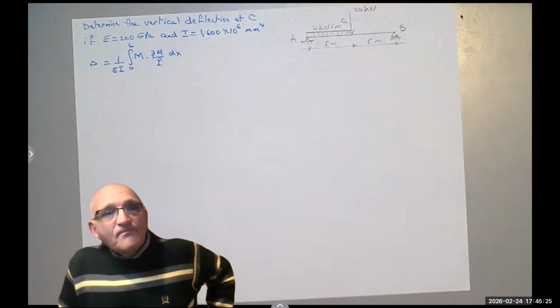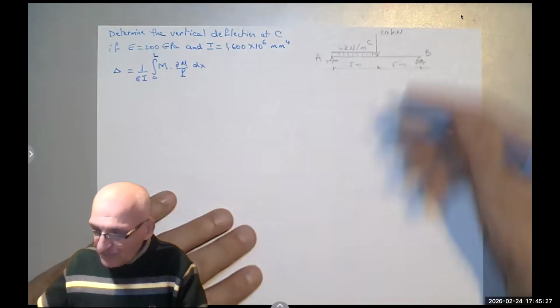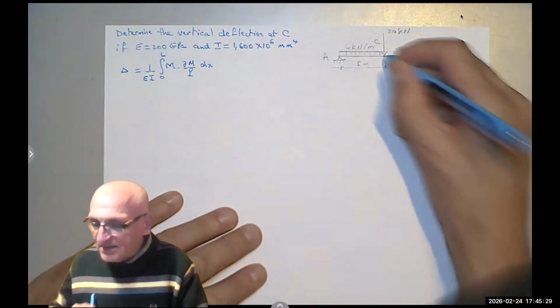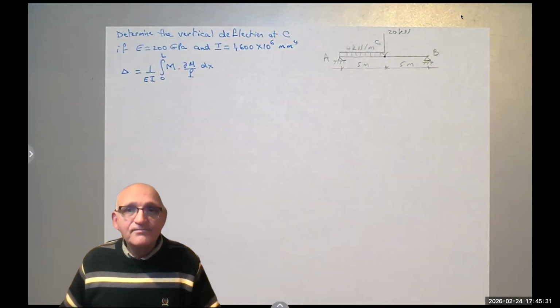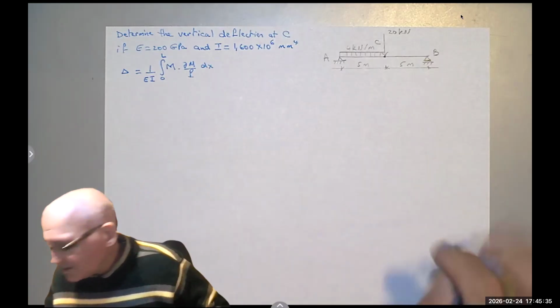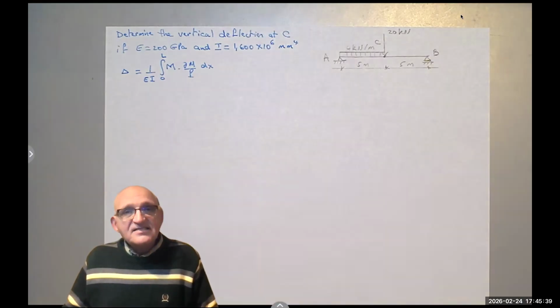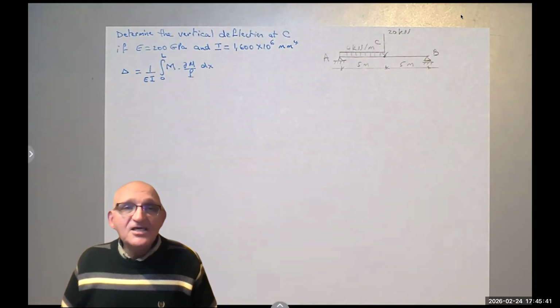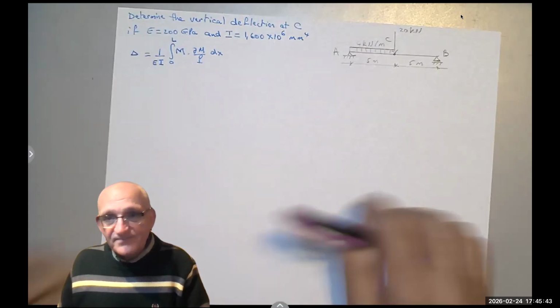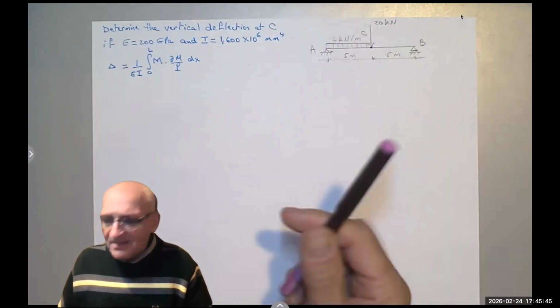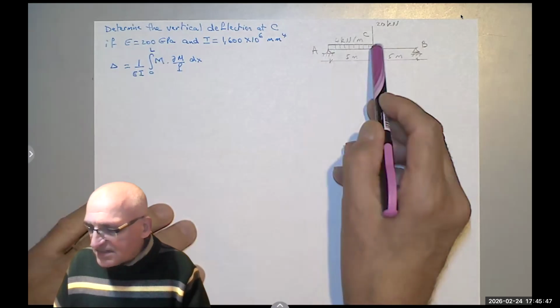That's it. In this problem, I want you to find the vertical deflection at point C, the midspan of the beam that is really long. So in that case, we have to find an equation for the moment at every section. Notice that from A to C, nothing changes.